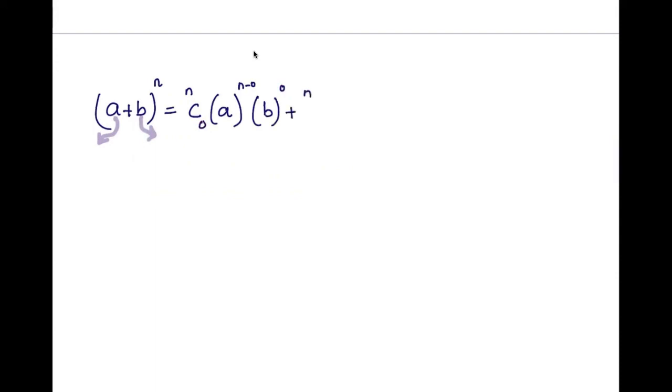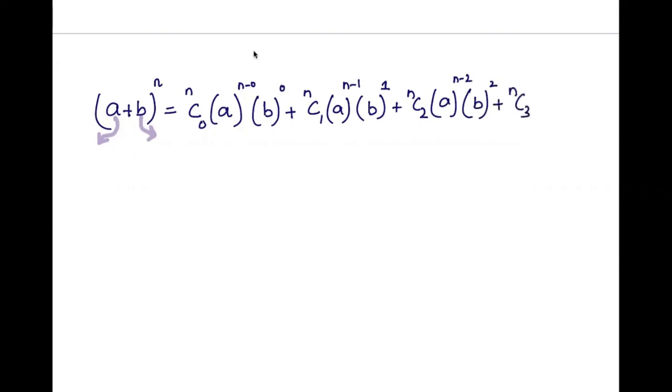Plus NC1. Then the next term is going to start with NC1. I'm going to explain what this C means. NC1, first term to the power of n minus 1, second term, that is b to the power of 1. Plus NC2, first term to the power of n minus 2, second term to the power of 2.